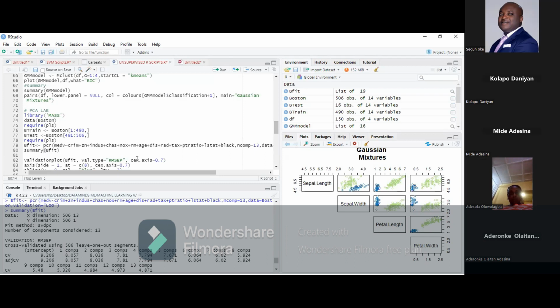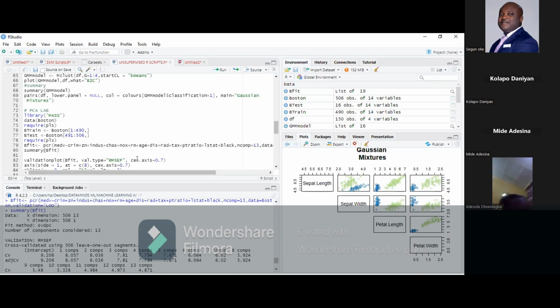So now we want to train the model based on 490 out of 506 data points. Then we use the remaining 15 to test. That is what we have in lines 76 and 77 respectively.